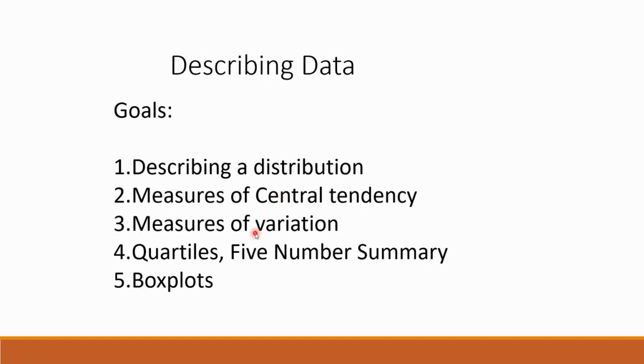We're also going to look at standard deviation, variance, and the range. That's how you measure variation of data, how much the data varies from the mean. And we'll see quartiles also and what they call the five-number summary.